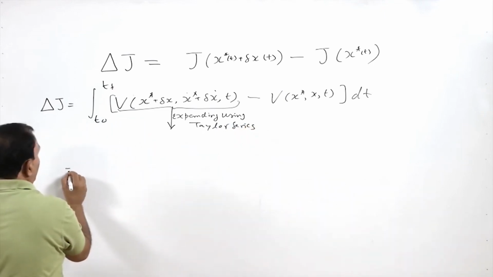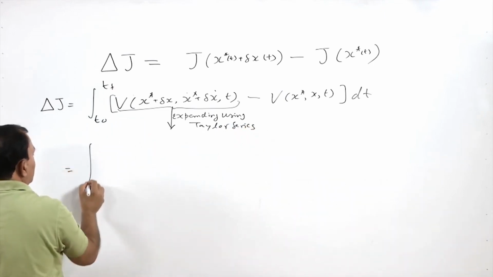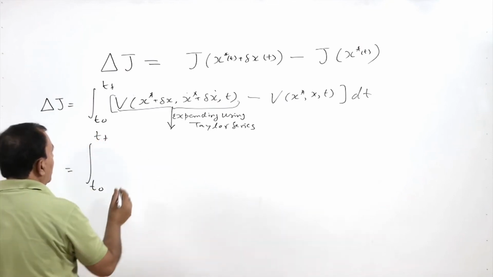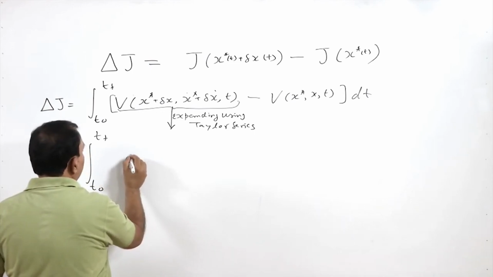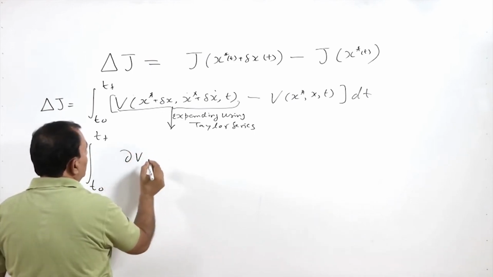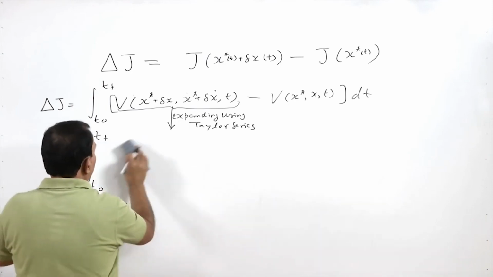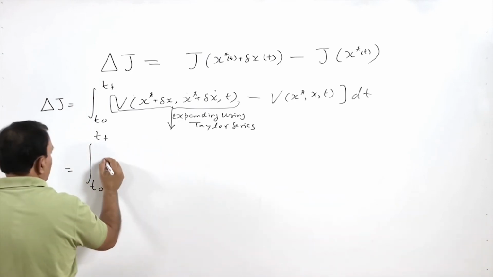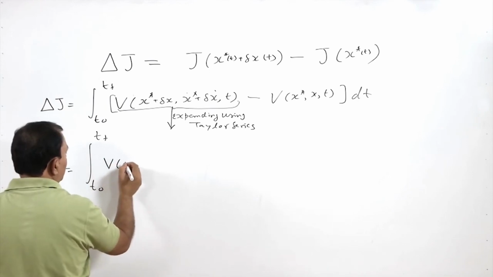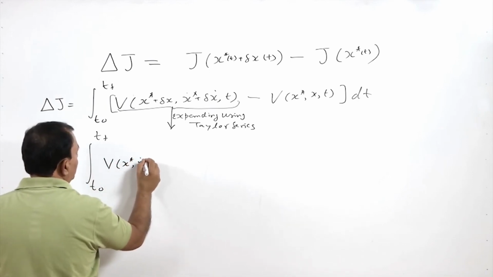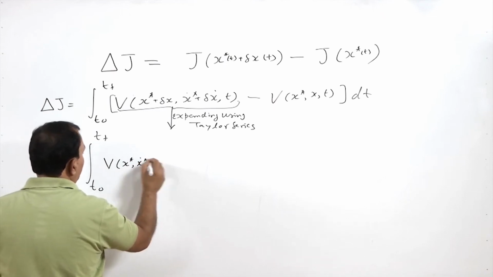So, what actually will we get? From T0 to Tf, my first term will be V of x star, x dot star, t.